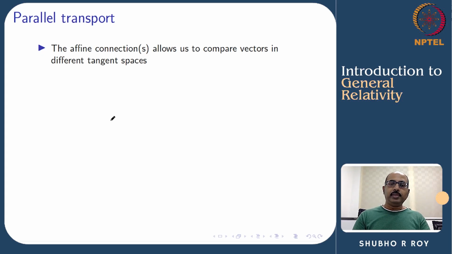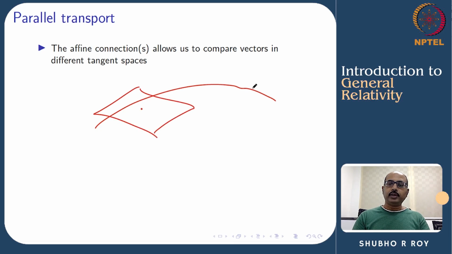Now, the essential crux of the idea is that on a manifold, at each point there is a tangent space, and there are vectors living in the tangent space. These two tangent spaces are completely independent. They're separate vector spaces.